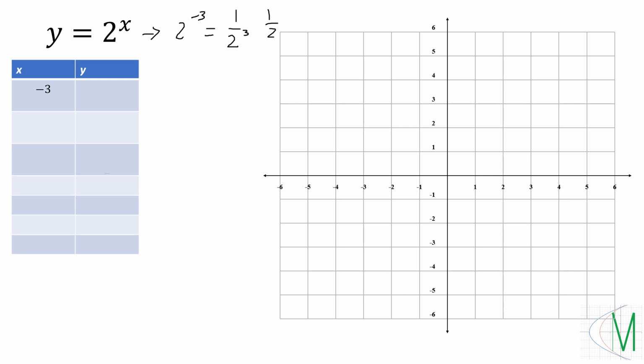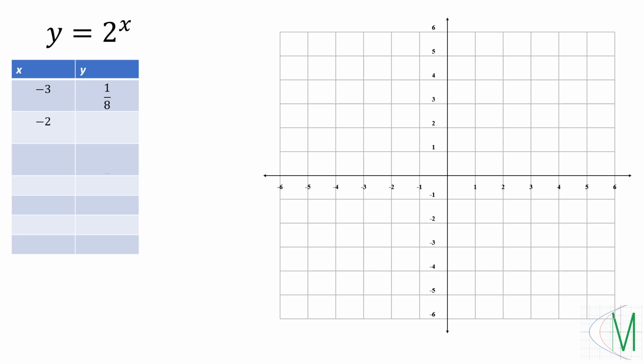Or you might have seen it as 1/2 to the third. It's all the same. It doesn't matter. Either way, the number you end up with there is 1 over 8. I'm going to go ahead and get rid of all of this here because it's getting in the way. Now I can do this exact same thing using -2.